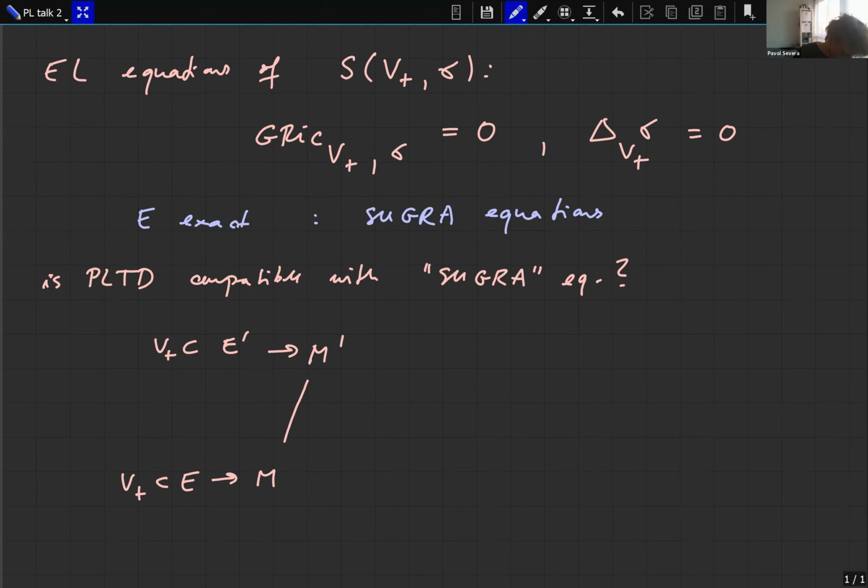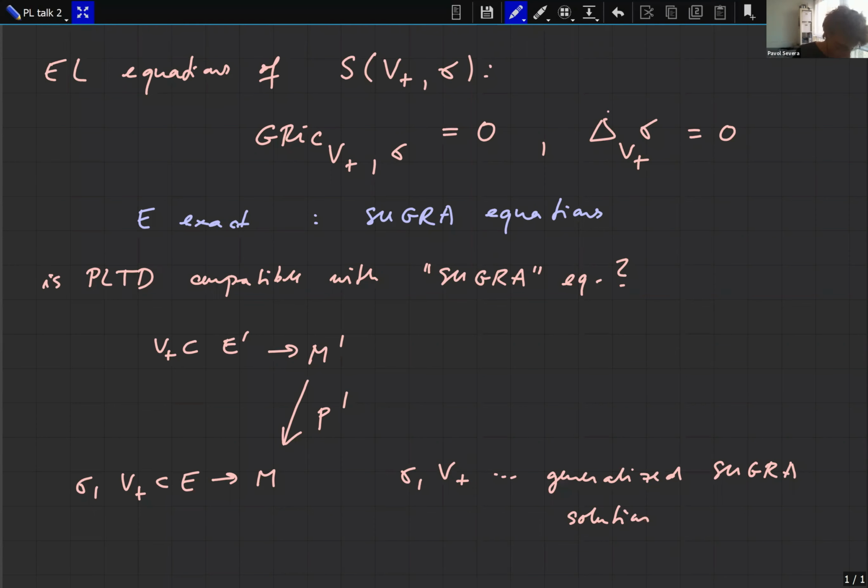There was some submersion p prime going from M prime to M. And if you imagine that here we also take sigma, so we have two fields, V plus and sigma, and if these two fields satisfy our equation, so if sigma, V plus would be this generalized sugra solution.